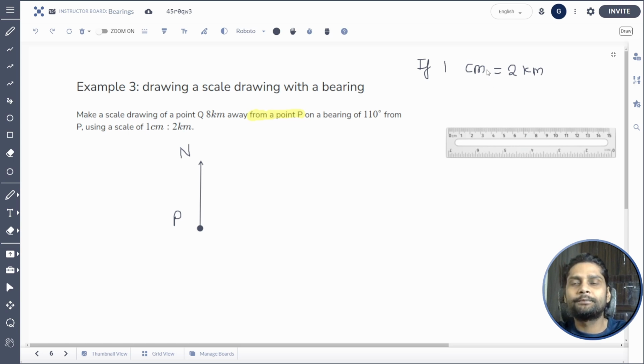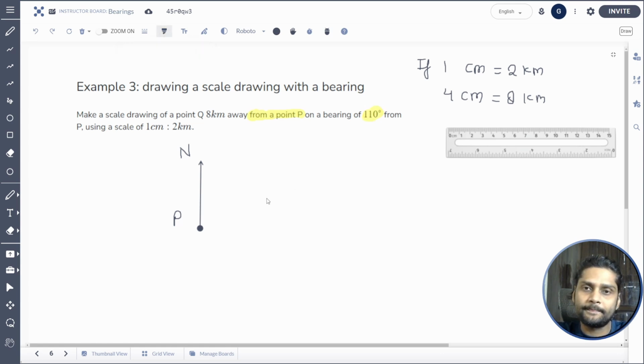You can use the unitary method or simple logic: to get 8 kilometers, you can consider a 4 centimeter length on the map or on your drawing. I hope you can understand. If 1 centimeter is equivalent to 2 kilometers, 4 centimeters is equivalent to 8 kilometers. But the important thing is we have to draw a bearing of 110 degrees.